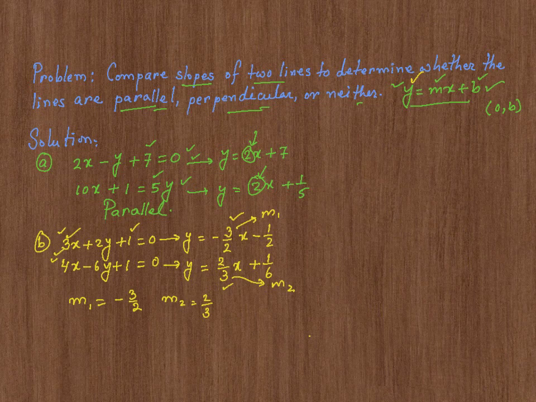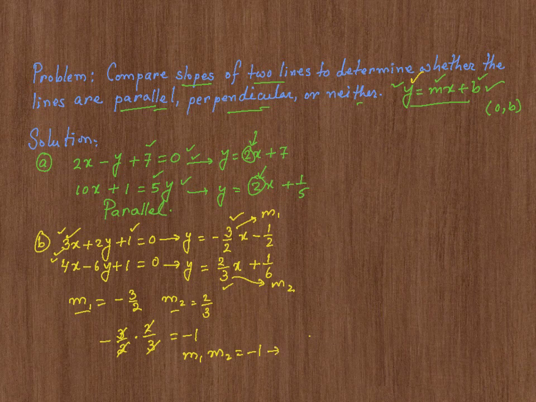However, to find out if they are perpendicular, I am going to multiply m1 and m2. m1 is negative 3/2 and multiply that by m2, which is 2/3, and see these 2 and 2 cancel, 3 and 3 cancel, that gives me negative 1. So that tells me m1 times m2 is equal to negative 1, which is the condition for two straight lines to be perpendicular to each other.